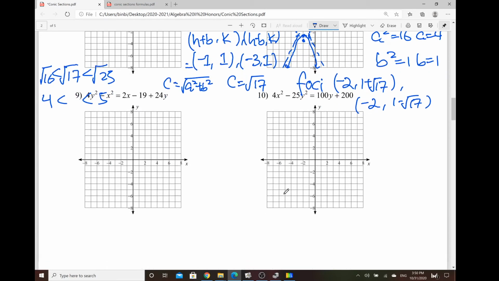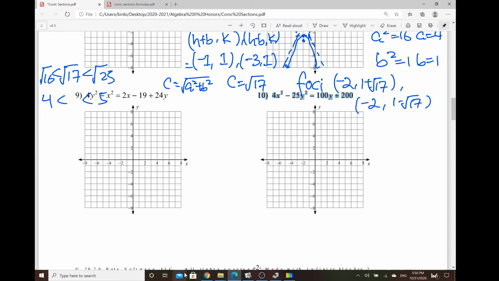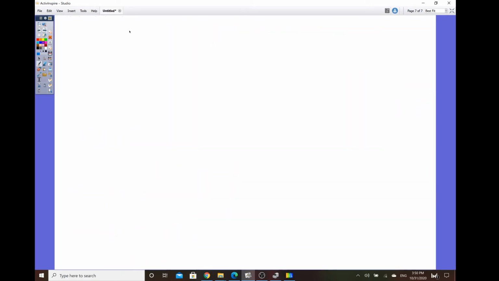Okay, so now let's try another one, number 10. Quite similar. Again, let me just copy and paste this one. Okay, so copy and paste right here, brand new slide.